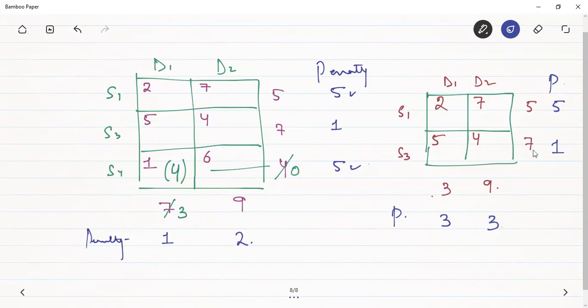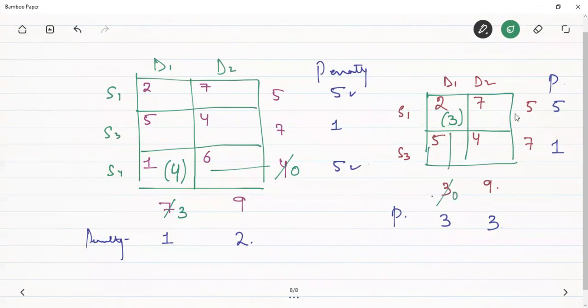Okay, now you can see that the highest penalty is row 1. ठीक है, रो 1 में हाईएस्ट पेनल्टी है, तो रो 1 एलोकेट होगा, लेकिन रो 1 में कौन सी सेल एलोकेट होगी? जिसका लीस्ट कॉस्ट होगा, दैट इज दिस. ओके, 2 हैज द लीस्ट कॉस्ट अमंग देम, देयरफॉर द एलोकेशन विल बी, अब कितनी पॉसिबल है यहाँ पे? 5 and 3. ओके, डिमांड इज 3, सप्लाई इज 5, देयरफॉर 3 will be allocated, 3 units will be allocated to this cell. This will become 0.